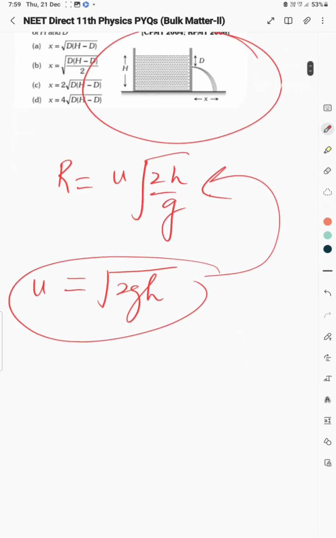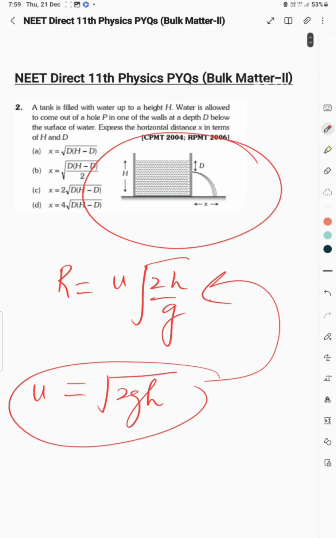But remember, these two h, they are having different values. For example, in case of the projectile motion, this h is height of the tower, and here it is exactly this thing.